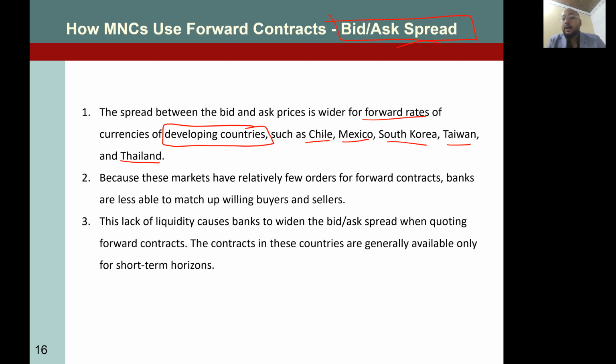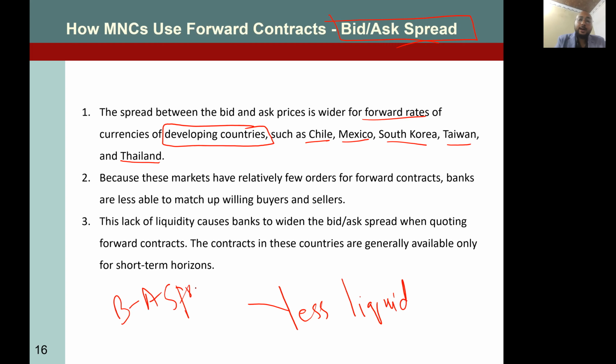Because they are less liquid currencies, their bid and ask spread is going to be higher.